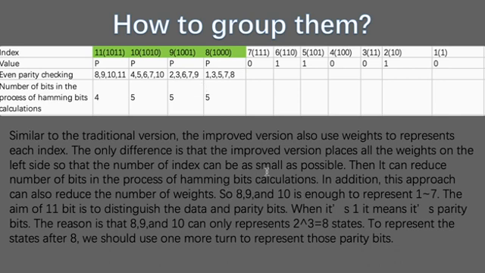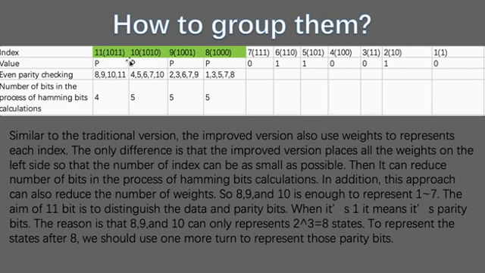So 8, 9, 10 is enough to represent 127, because 3 bits is enough to represent 8 numbers. And the aim of 11 is to distinguish the data and the parity bits. When the position 11 is 1, it means parity bits.